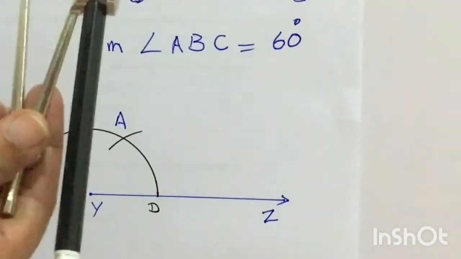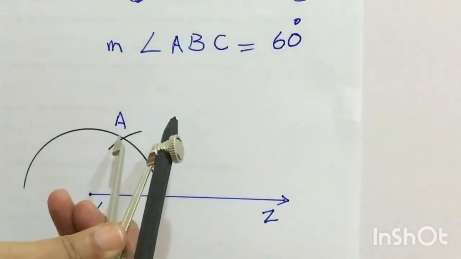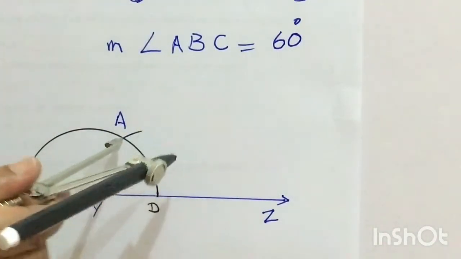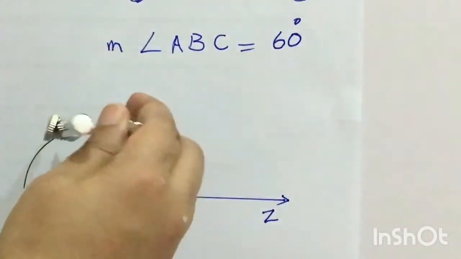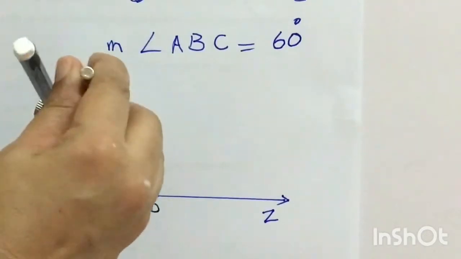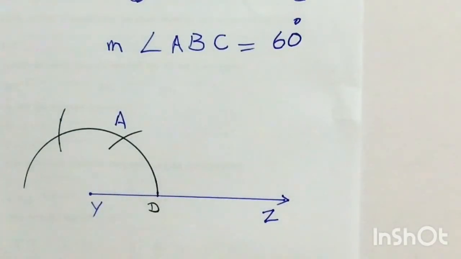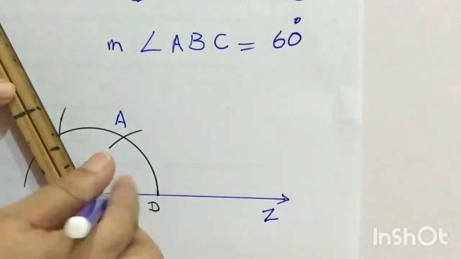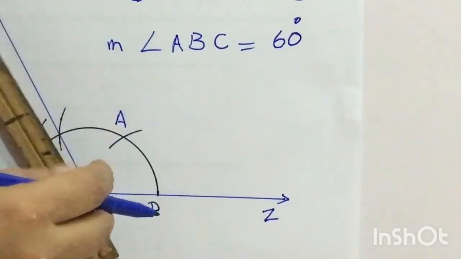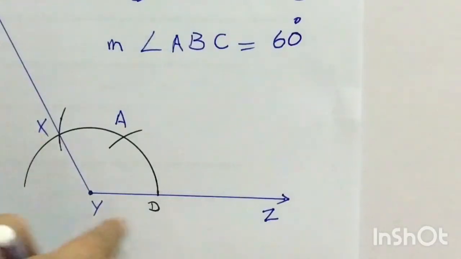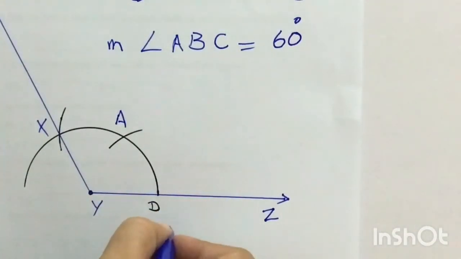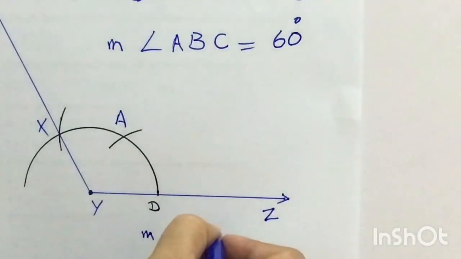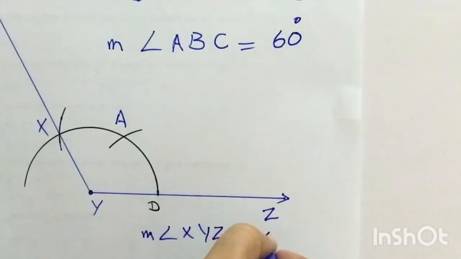Now I will place the needle of the compass at point A and without changing the size of the width, again mark an arc to cut the semicircle at another point, which is X. If I join Y to X, I will get another angle, XYZ, with the measure of 120 degrees. Angle XYZ is equal to 120 degrees.